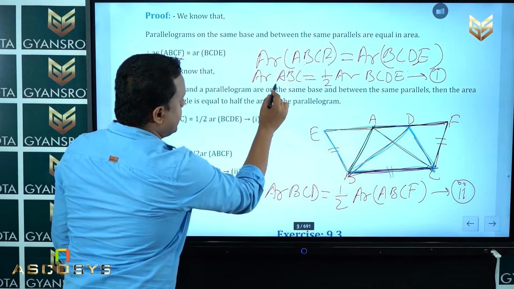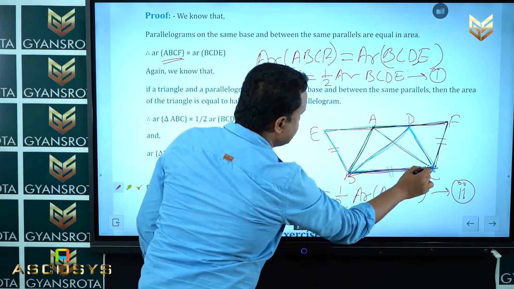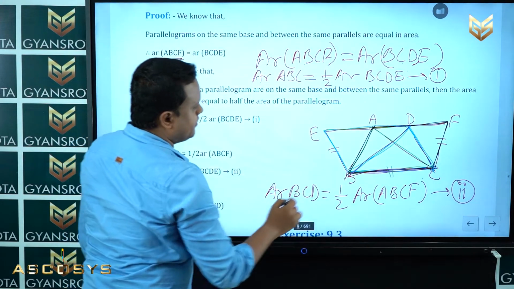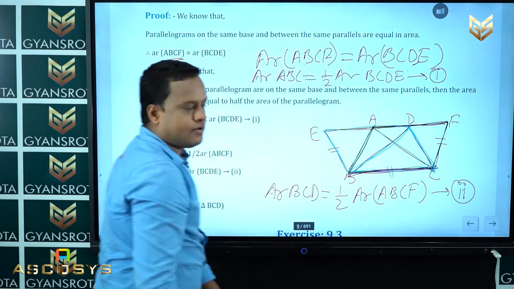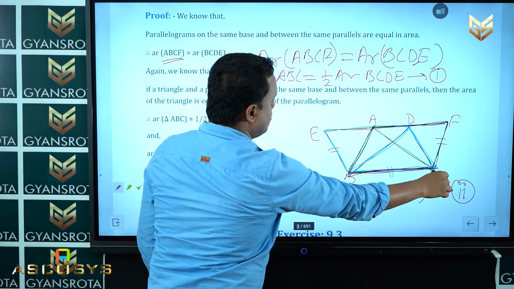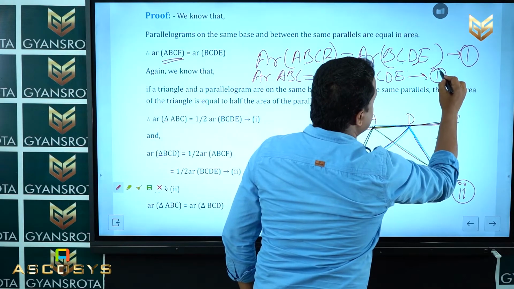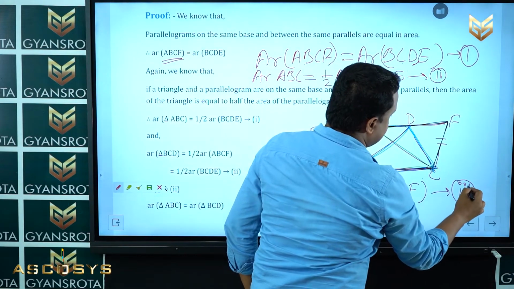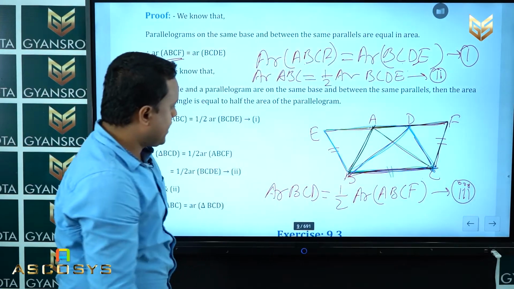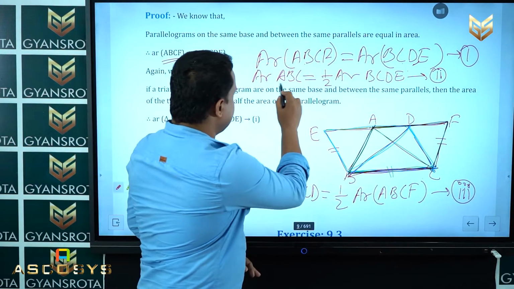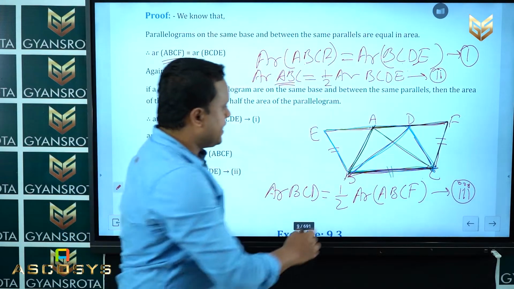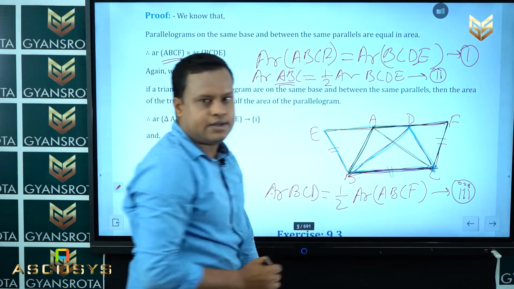So the area of triangle ABC is equal to the area of triangle BCD. From 1, 2 and 3, we can write the area of triangle ABC is equal to the area of triangle BCD.